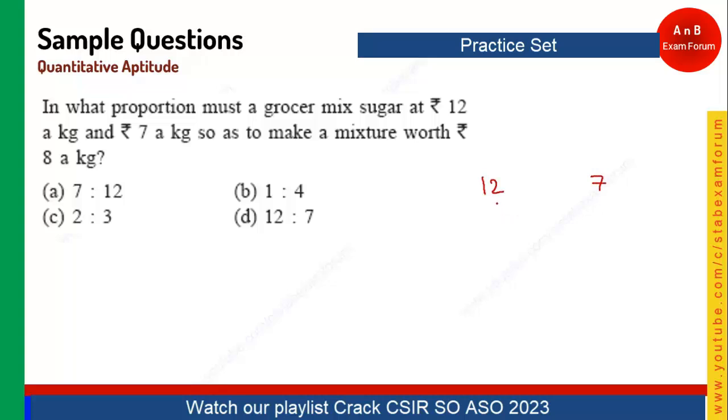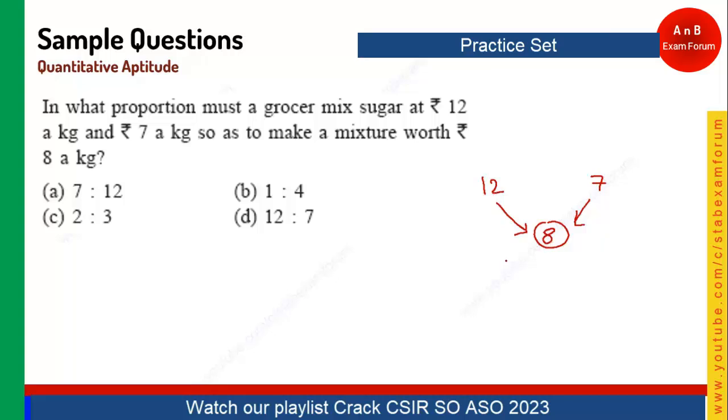A person mixes those sugars to make it 8 rupees per kg. You need to find out in what ratio they should be mixed to get 8 rupees a kg.